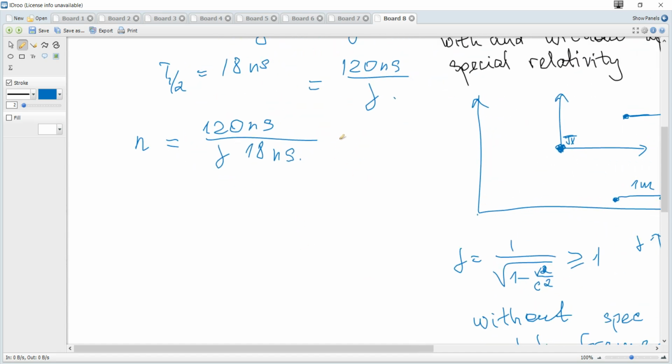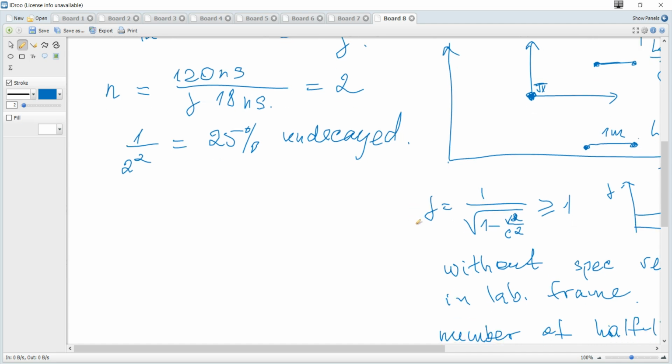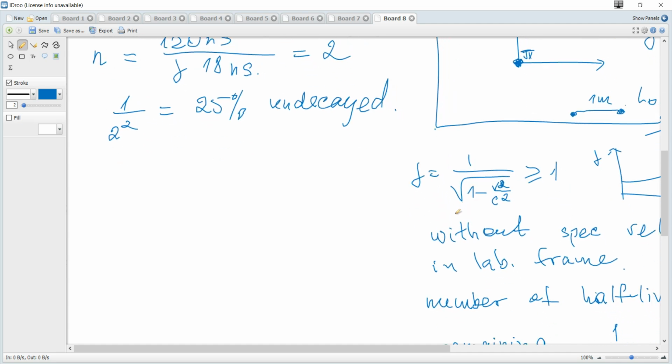So it's 2 half-lives, 1/2 squared, 25% undecayed. So it's consistent with the experiment, and that's all for this question.